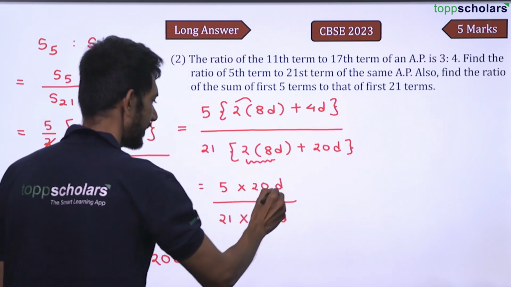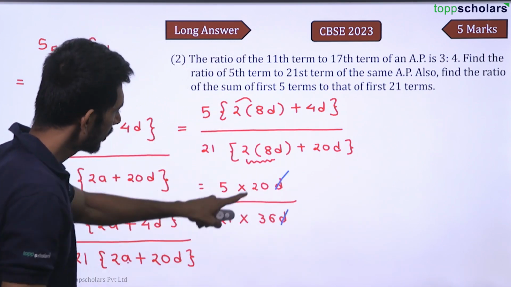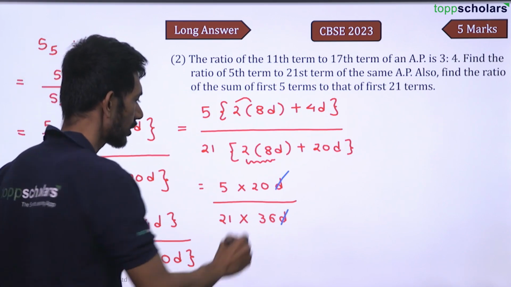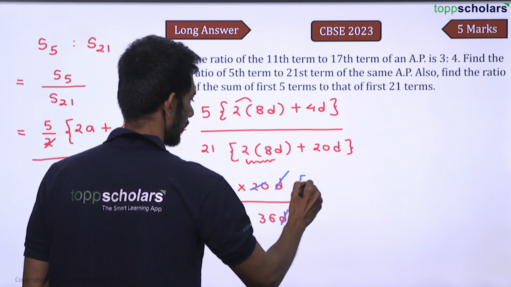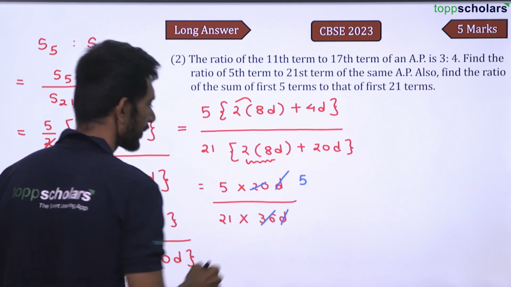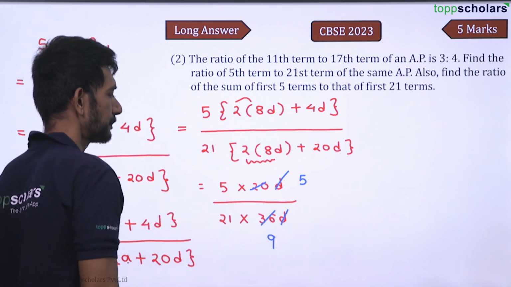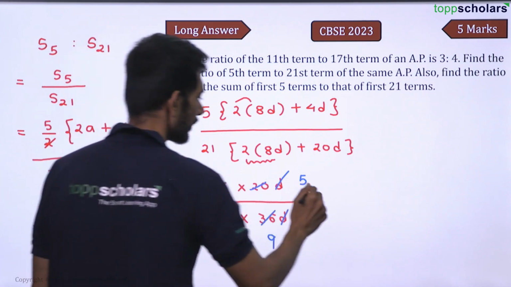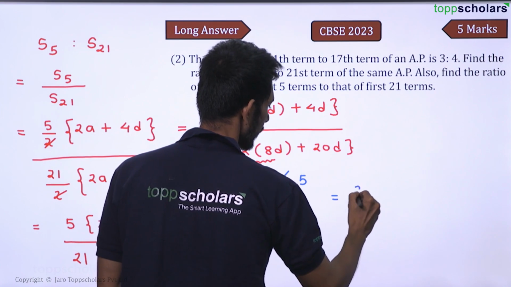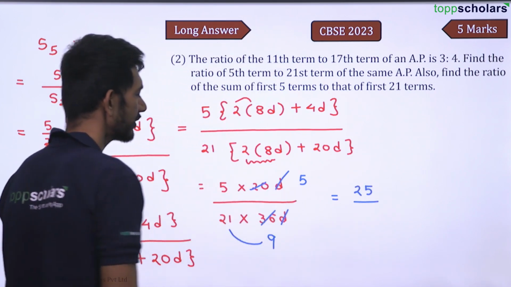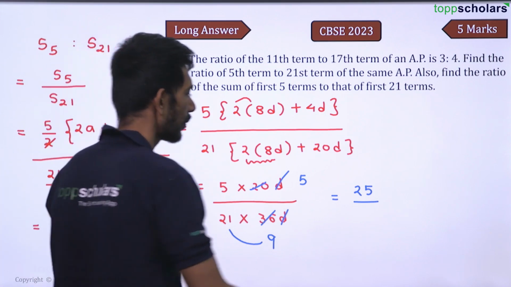So can I cancel d? Yes. 20 and 36, both of them are in the table of 4. 4 5s are 20. And then 4 9s are 36. So 5 into 5 is 25. 21 into 9 is 189.